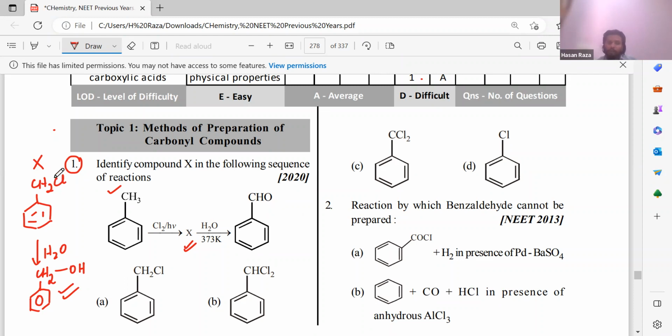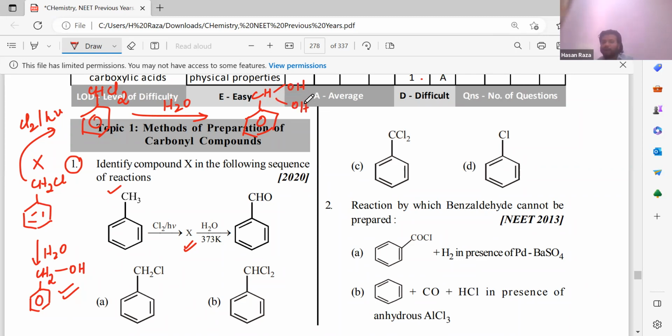So what I'm going to do is react this again with Cl2 in the presence of light, and then we get this CH and this CH2. If you do hydrolysis, both the chlorines will be replaced by OH, so one hydrogen will be there, and OH here and OH here.